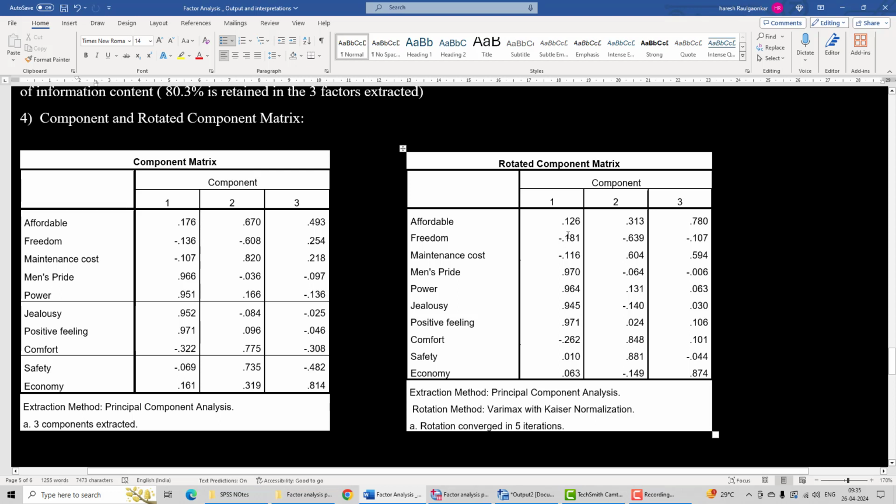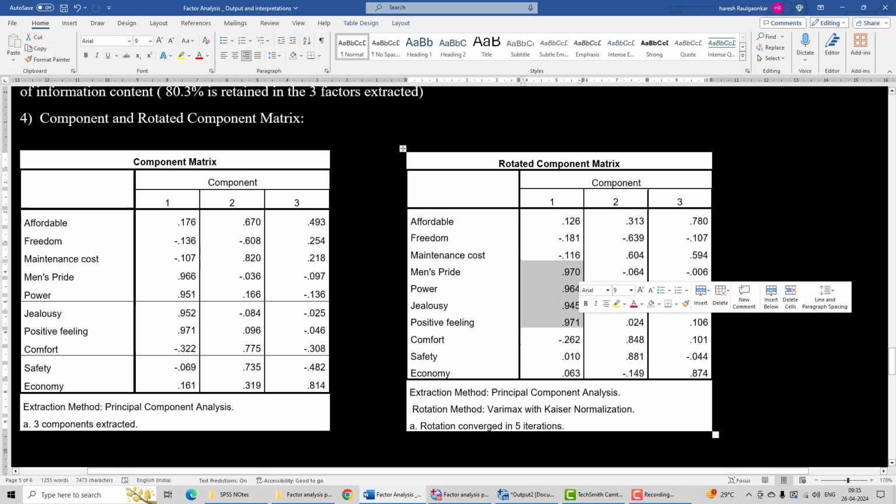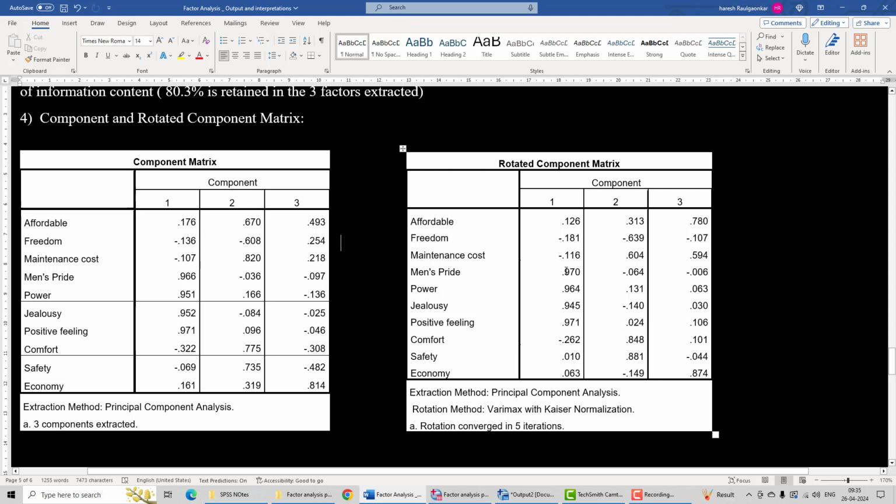And if you see here, factor 1, you see this 0.97, 0.964, 0.945, 0.971. So these 4 variables, men's pride, power, jealousy and positive feelings, have more loading on the first factor, and hence we can say that the first factor is made up of these 4 initial variables.